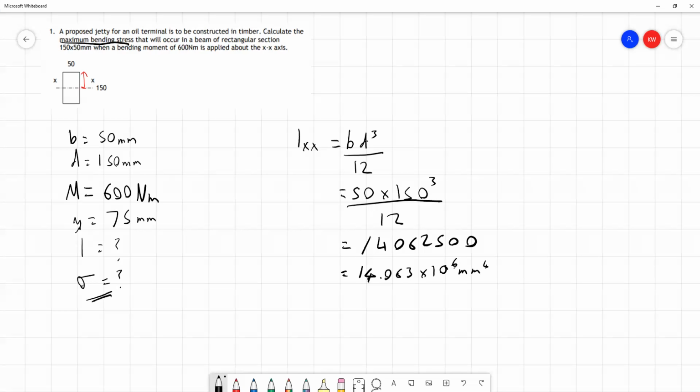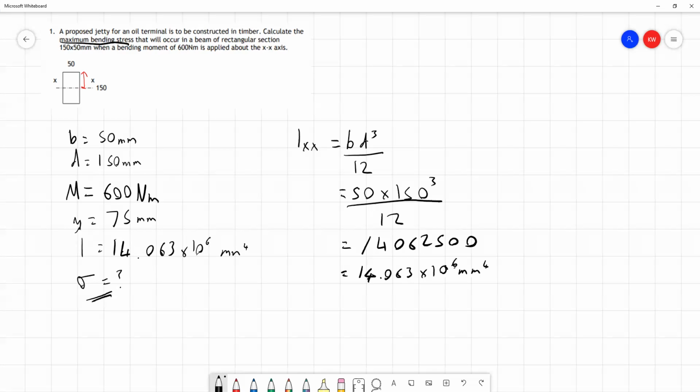But that gives us our value for I, so we can remove this question mark with the answer that we now have, which is 14.063 times 10 to the 6 millimeters to the 4. Now, the last thing we need to do is convert our units for the bending moment into millimeters. The newtons is fine, we're happy with that.